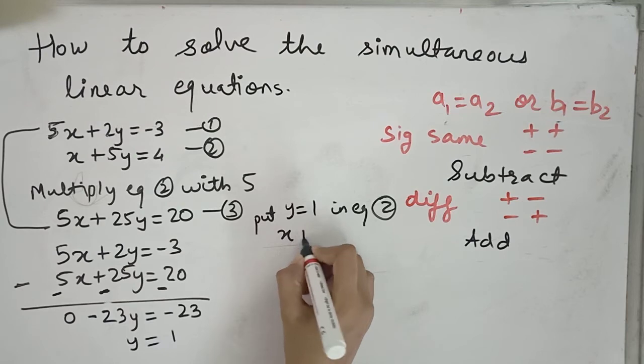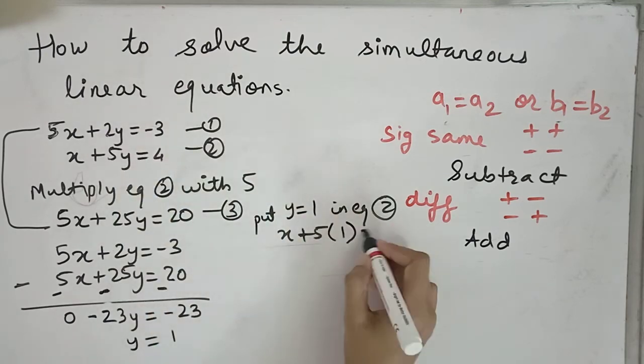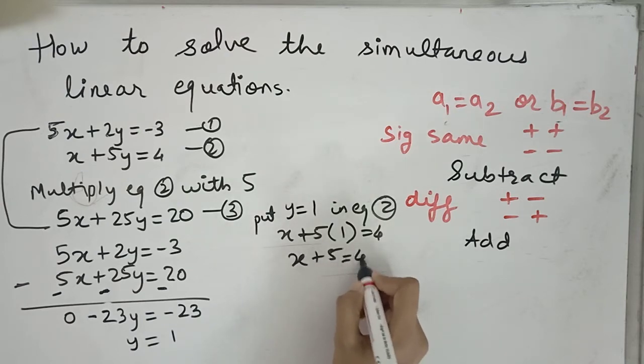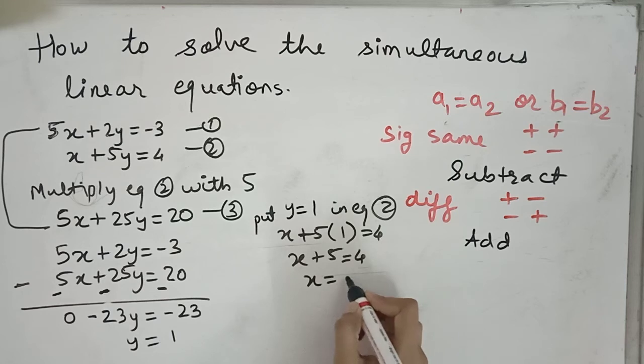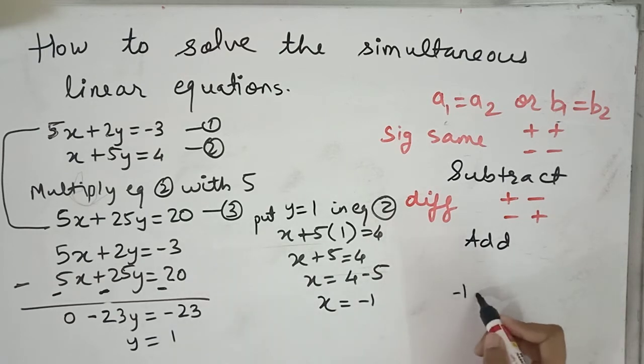That will be x plus 5 into 1 is equal to 4. So x plus 5 is equal to 4, plus 5 will be shifted over there, that will be minus 5. So the value of x will be minus 1. So x is minus 1 and y is 1. This will be the solution.